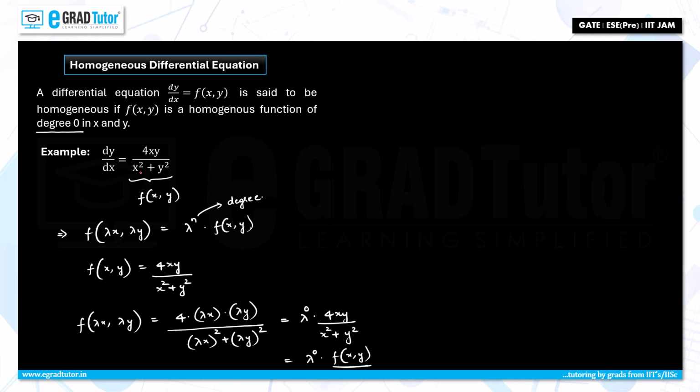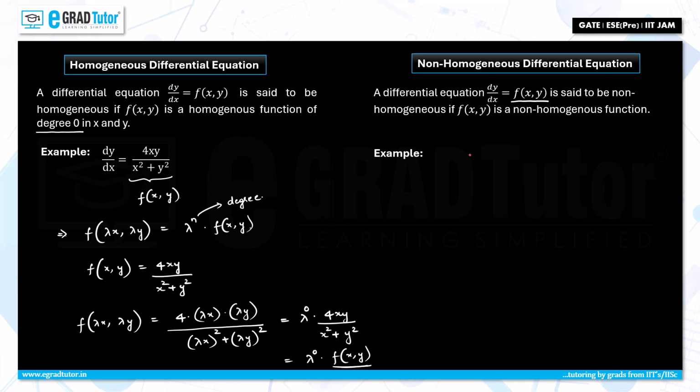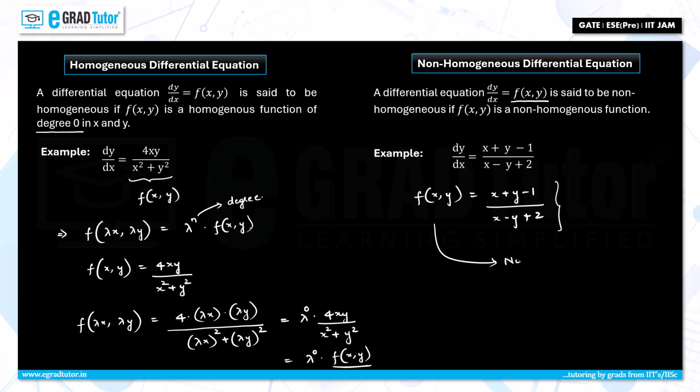non-homogeneous differential equations. So when can you say that an equation is non-homogeneous? Okay, it's very simple. When this f of x comma y is a non-homogeneous function. That is, when you have f of x comma y as x plus y minus 1 by x minus y plus 2, here you cannot check the homogeneous nature because the function here is non-homogeneous in nature.